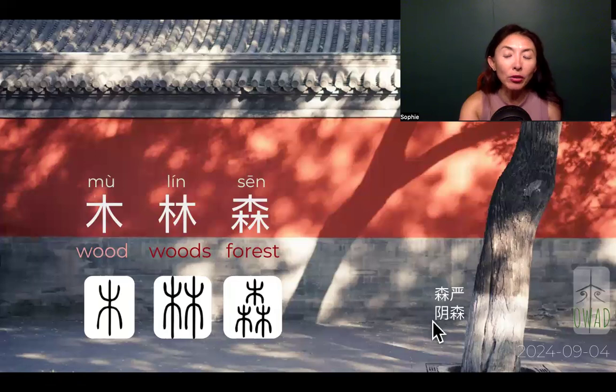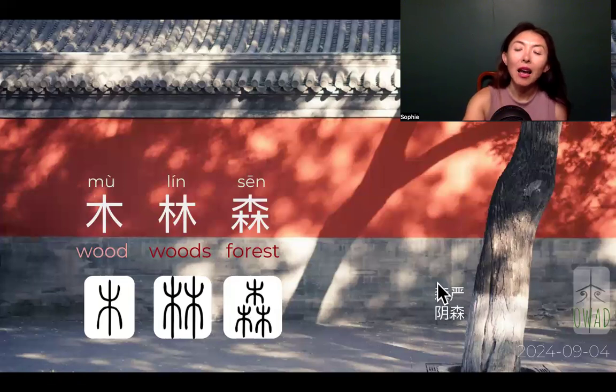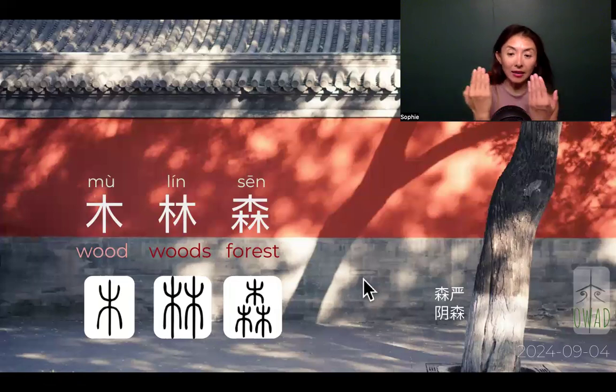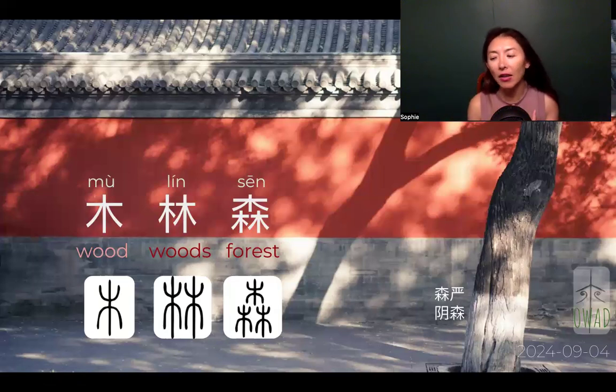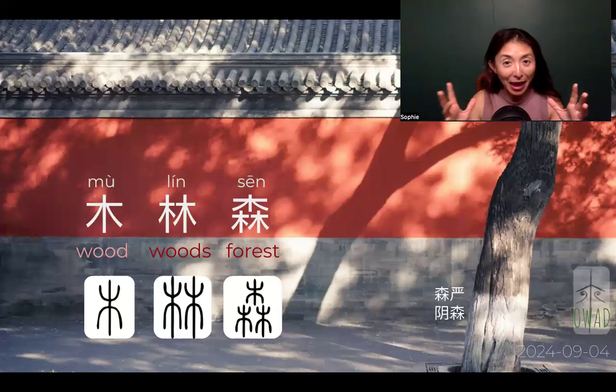Here I'm showing two expressions that use sen. One is sen yan, that's more tapping into the forest tree density concept. Because it's high density, sen yan is used mostly in the context of being closely watched or supervised. You can imagine it as a supervision camera, right?